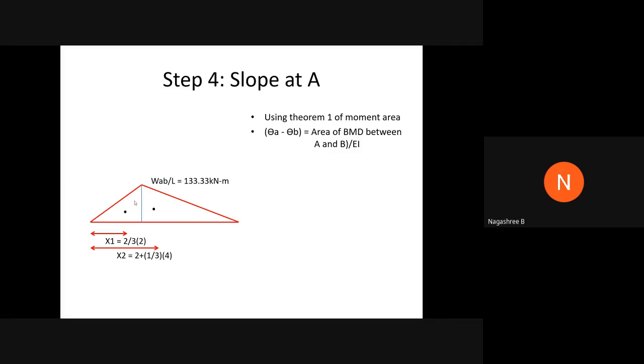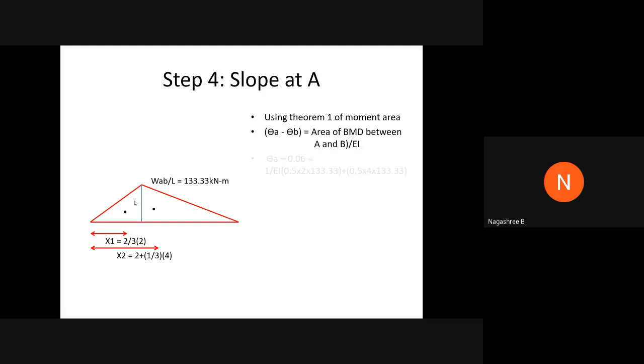I just repeated: whenever the slope is known at one end of a simply supported beam, to determine the slope at the other end we take the difference between the slopes and equate it to the area of the bending moment diagram divided by EI between those two points itself, not any other points.